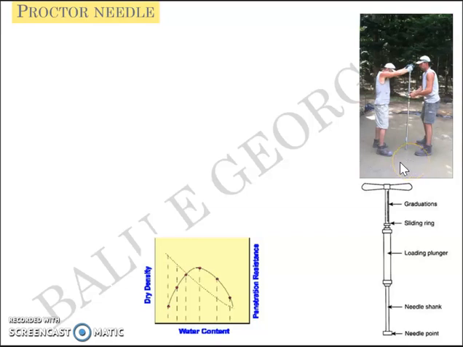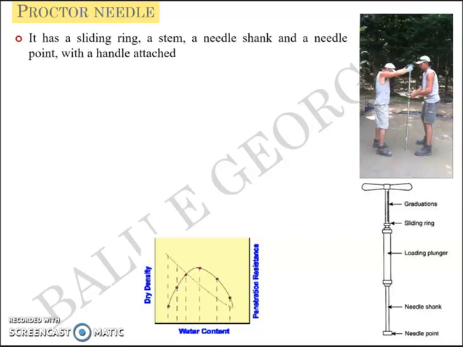So that principle is employed here. It fundamentally has a sliding ring, a stem, a needle shank, and a needle point, right? This picture gives you the parts of that. You have a sliding ring here, you have a loading plunger, you have a needle, and you have a needle point. And above the sliding ring, you have graduations marked there, which gives you the reading from the Proctor needle.